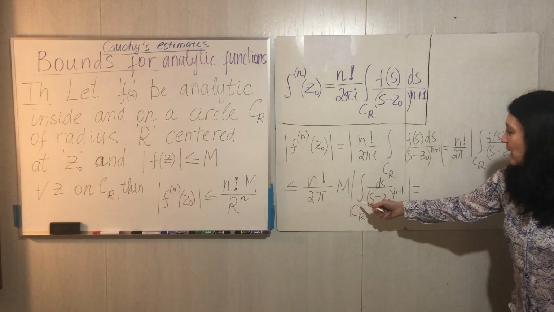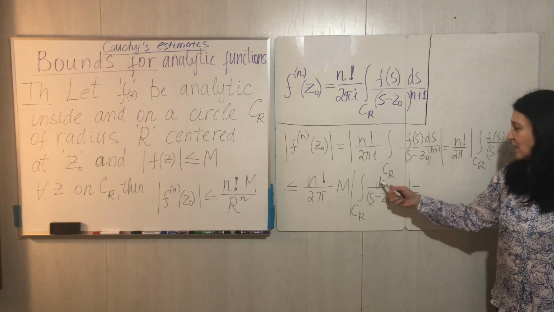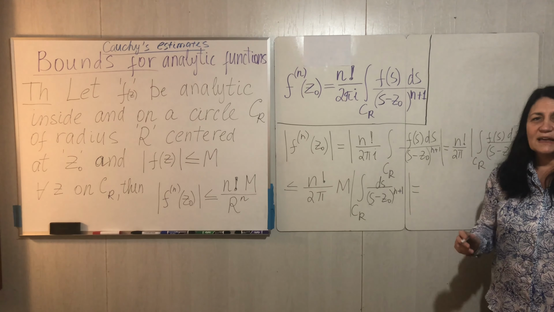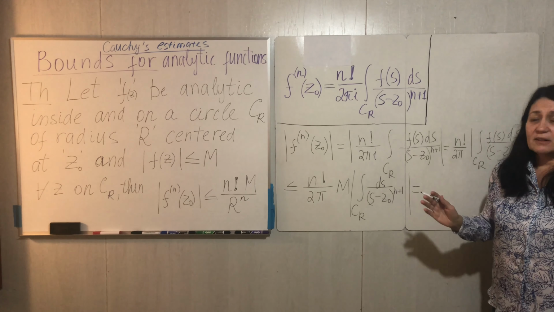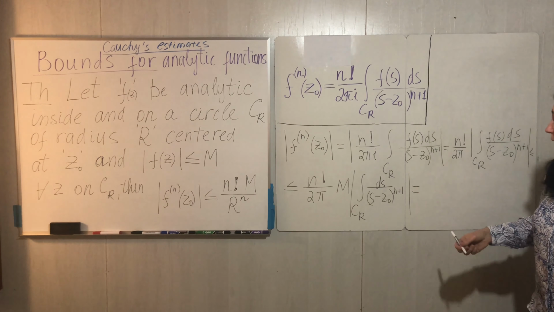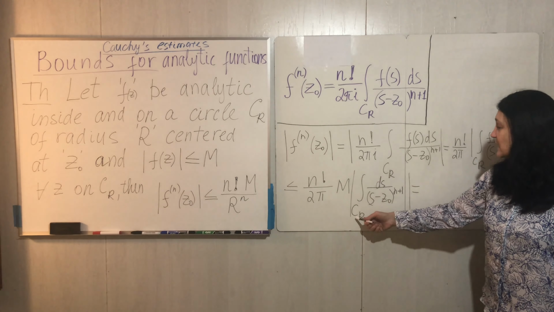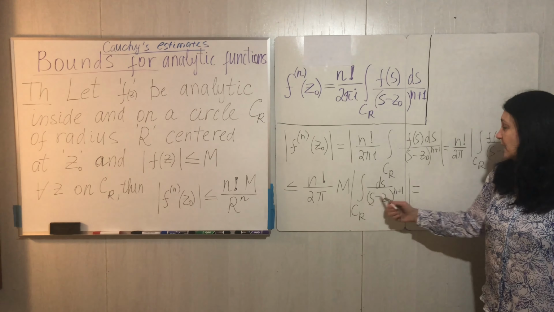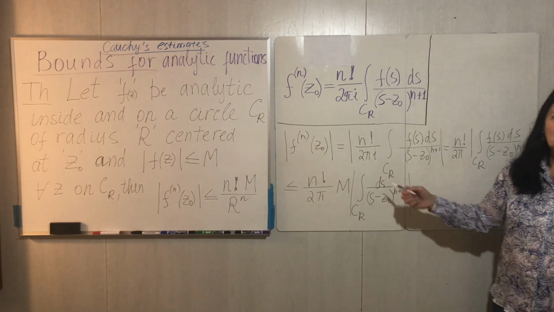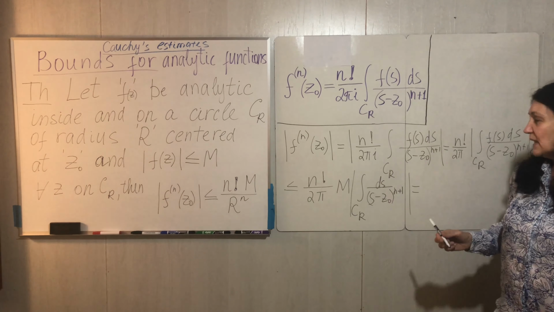Then we will end up with the integral along C_R of ds, which will give us the circumference. Another way to proceed is to parameterize this circle and compute this integral honestly, which we did several times in the past.